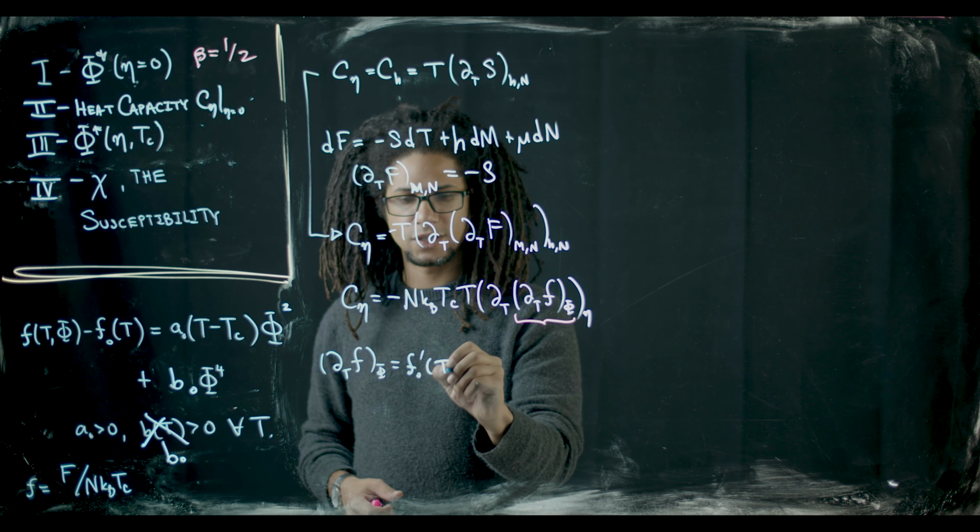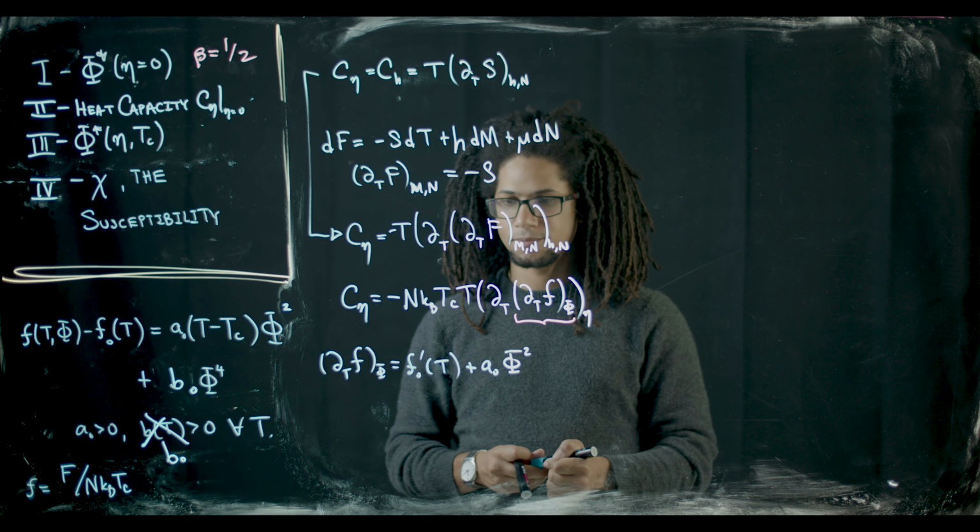Then we'll get a naught times phi squared. And that is it, since this term to first order does not depend on t.